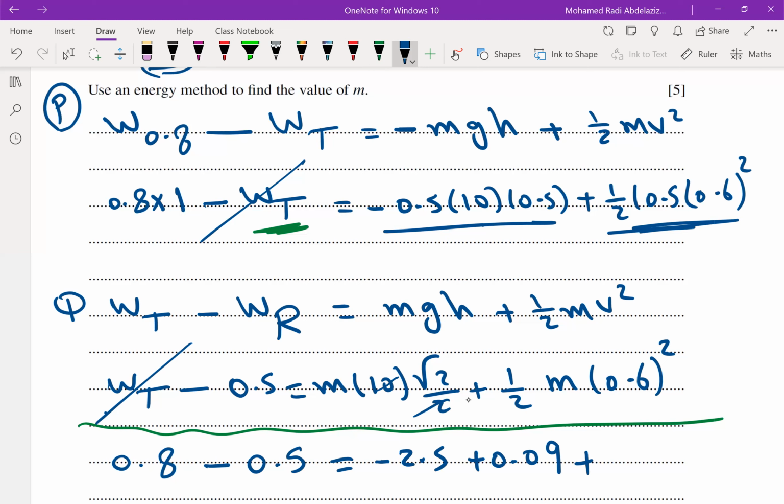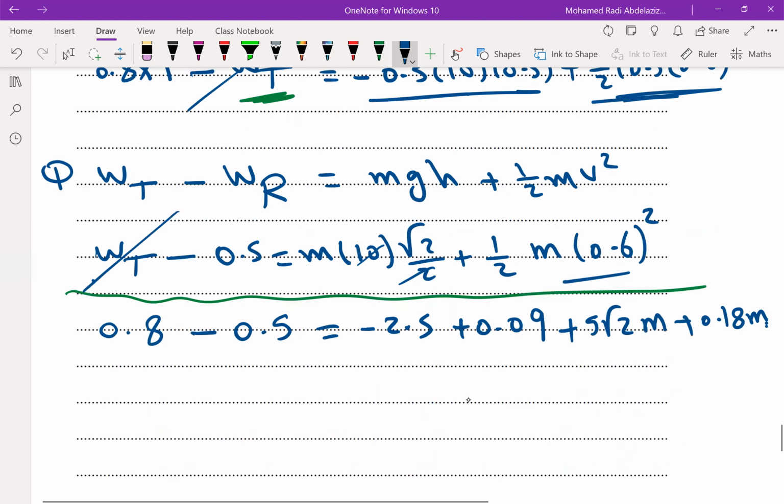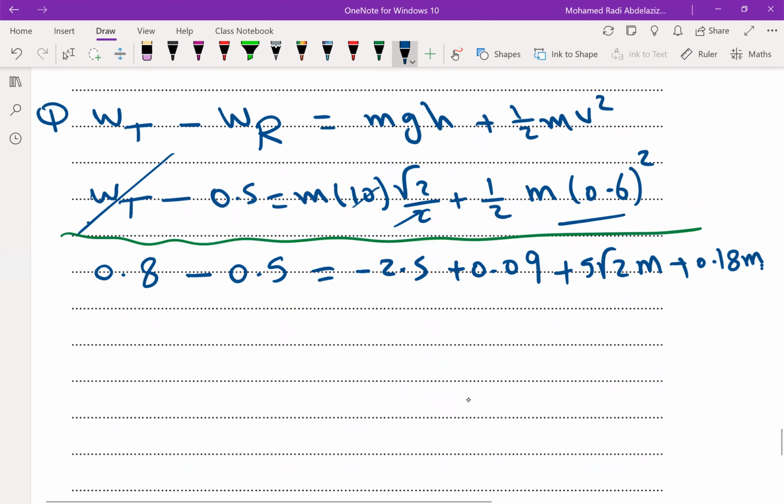Plus, when we simplify, it will be 5√2 m. Simplifying this part, half times 0.6 squared, is equal to 0.18 m.